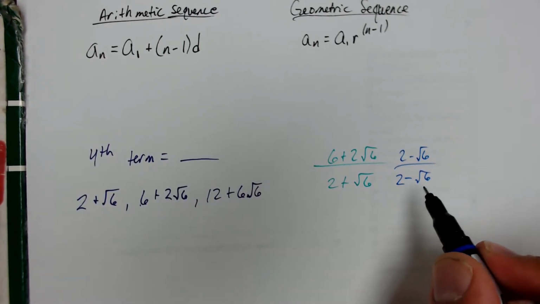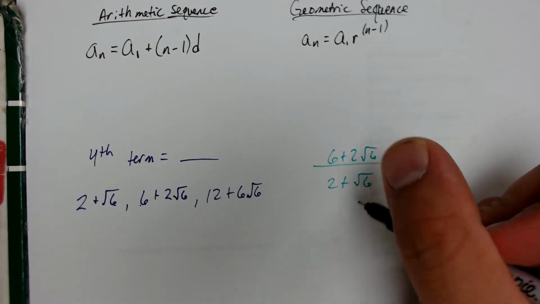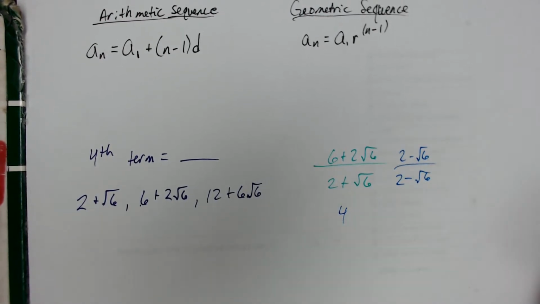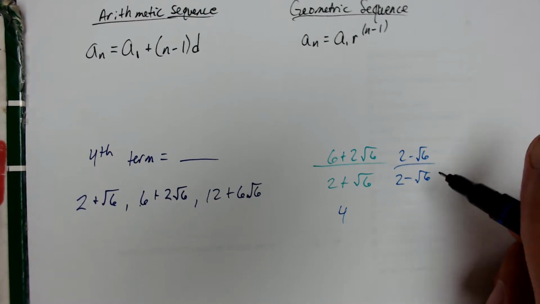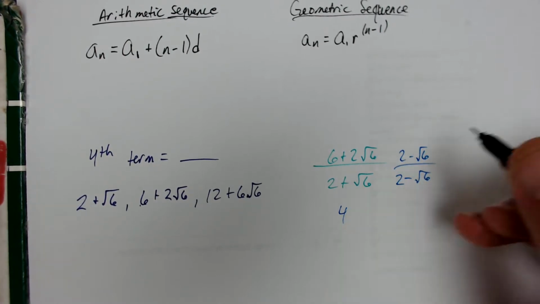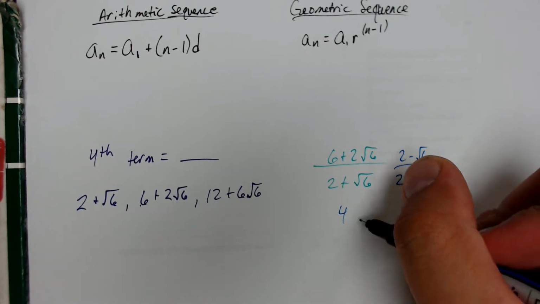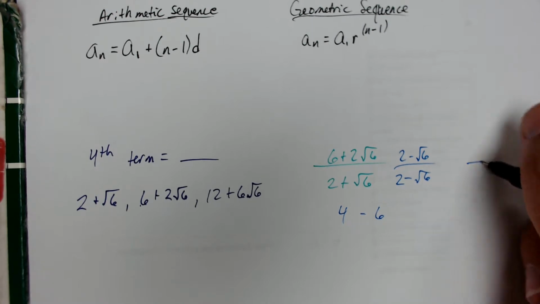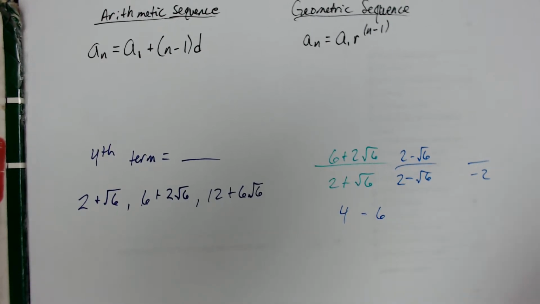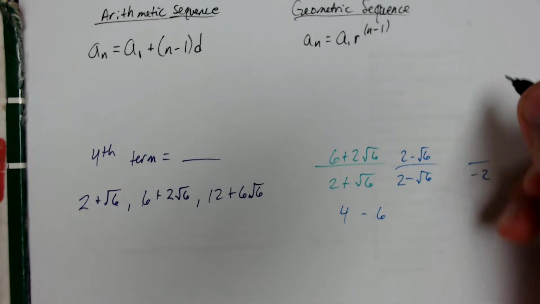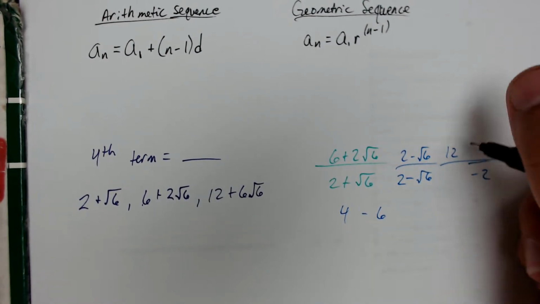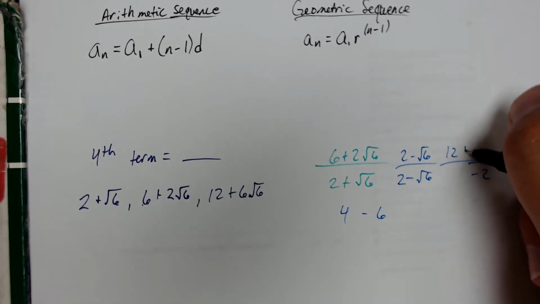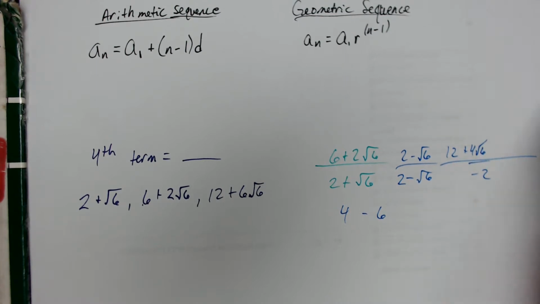On the denominator, the middle terms cancel, so I get 4 minus 6, which gives me negative 2. For the numerator, I have to FOIL this. I have 12, then plus 4 root 6, then minus 6 root 6, and then plus 12.